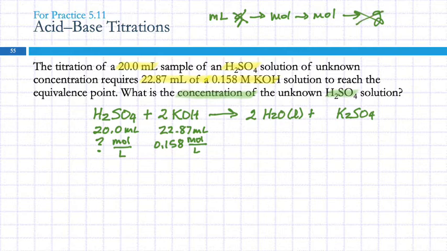We're going to use the equation for molarity. Molarity is equal to the moles divided by the volume in liters. So the moles is what's going to go on top. So this mole is going to be this number. And the volume in liters, where does that come from?